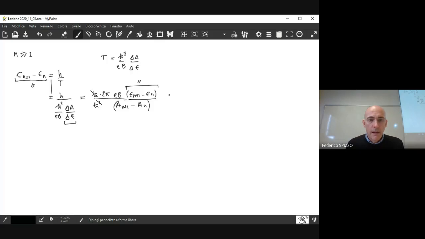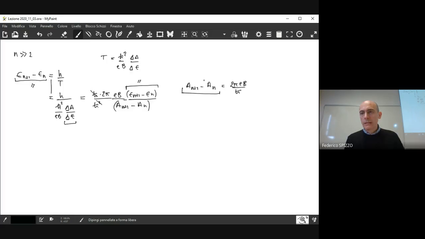So at the end, we are left with the fact that A of n plus 1 minus A of n is equal to 2 pi eB divided by h bar. So the conclusion is, if you remember, A is the area of the intersection.